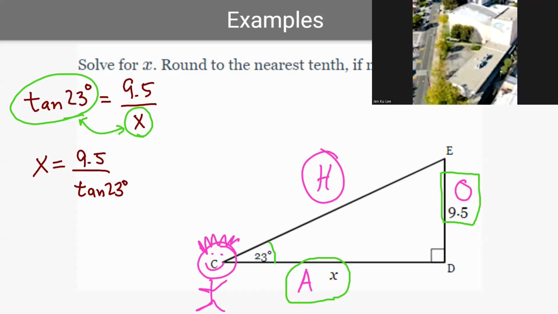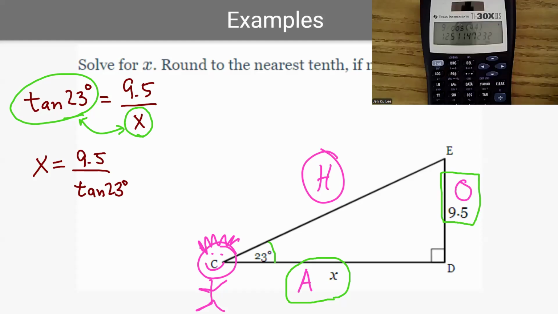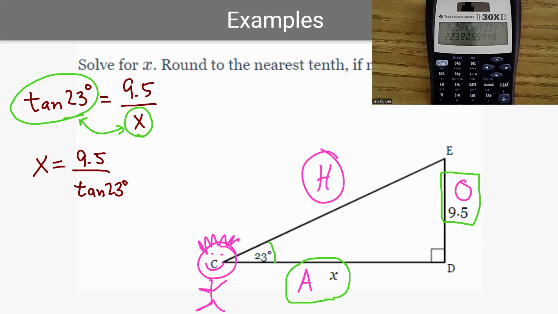And now if I plug that in my calculator, which would be 9.5 divided by the tangent of 23, that's 22.4, right? Round to the nearest tenth.